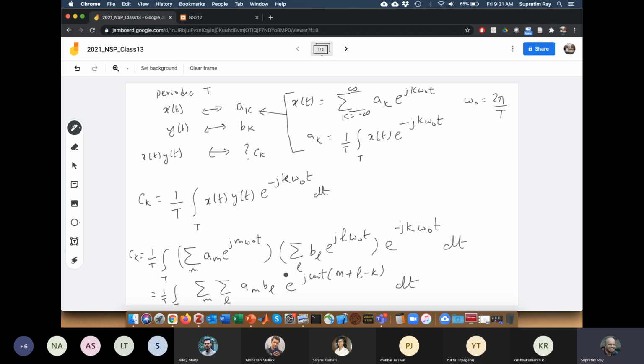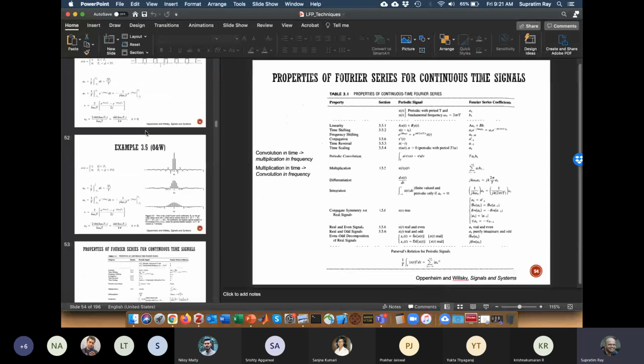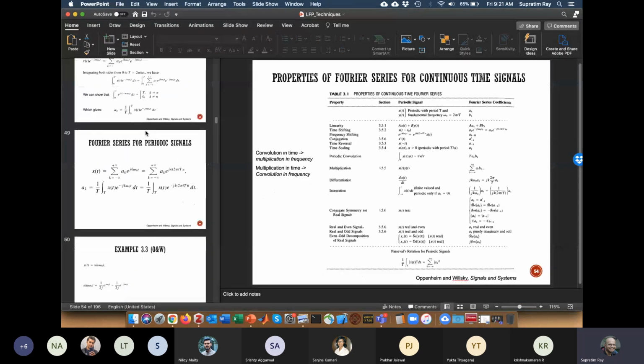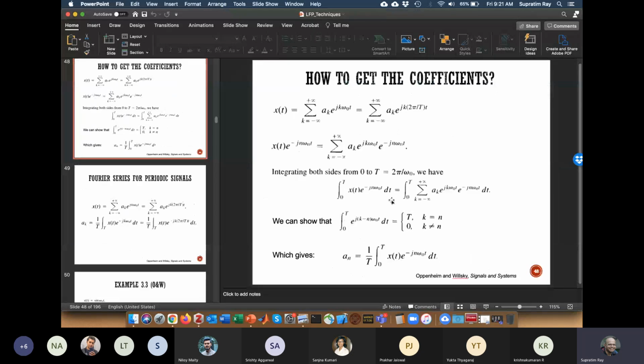So who can tell me what is the integral of this thing over one period of T? If m plus l minus k is zero, then it is T, otherwise zero. Very good. This is the same logic that we did in the previous class. Actually, all of Fourier analysis, at the end of the day, can be understood based on this.